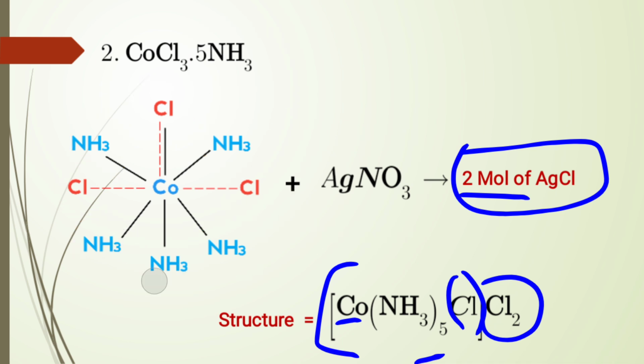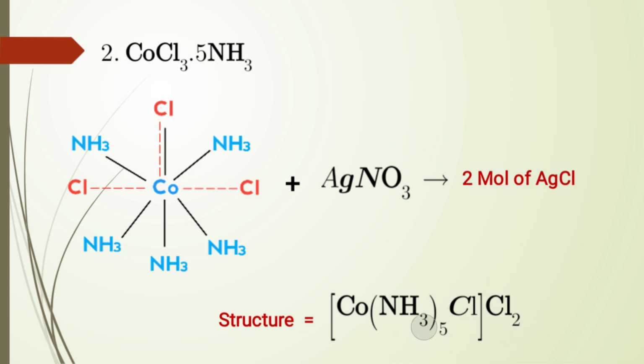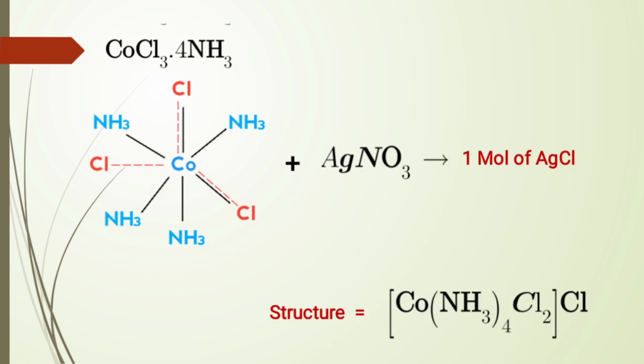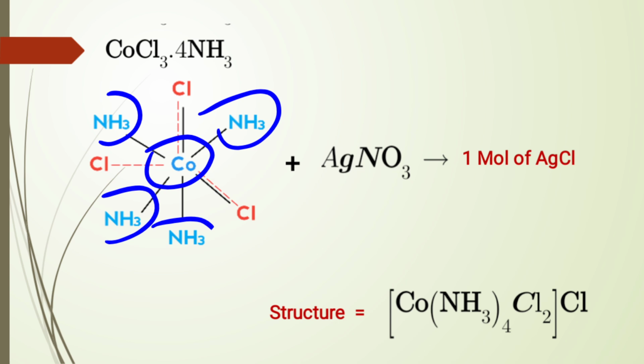So now let us reduce this ammonia further into 4 and see what we are going to get. Having reduced this ammonia to 4, we have our central atom, right? Then we are going to have 4 ammonia. Now we can see that among the chlorines, 2 have to satisfy both the secondary and primary valencies.